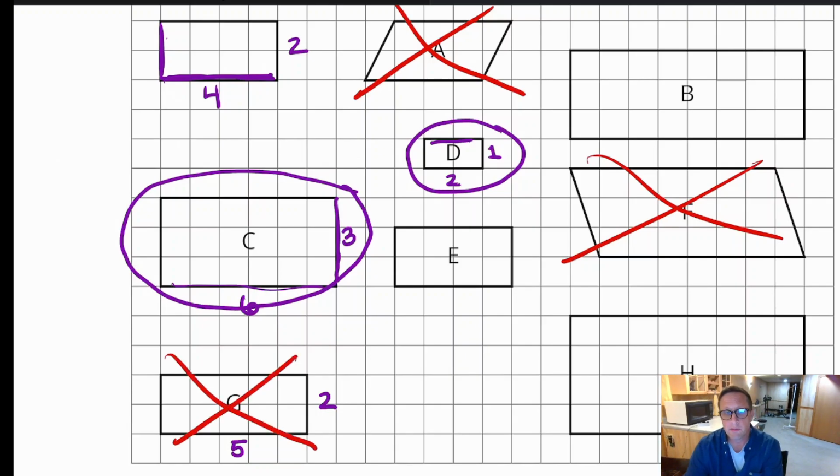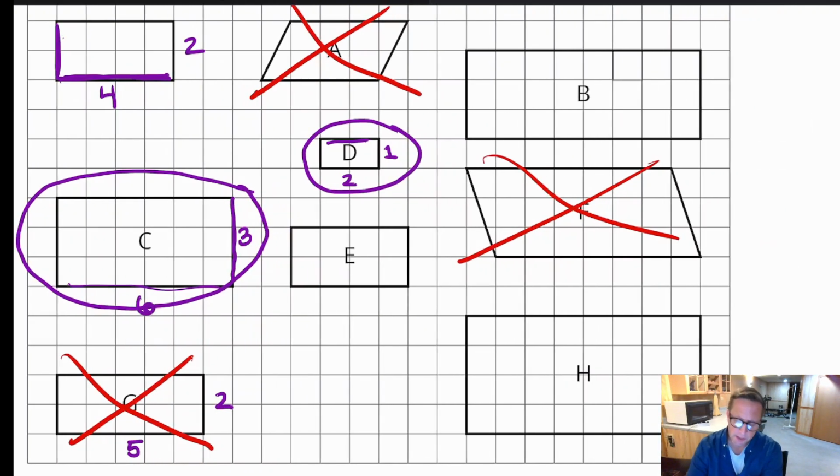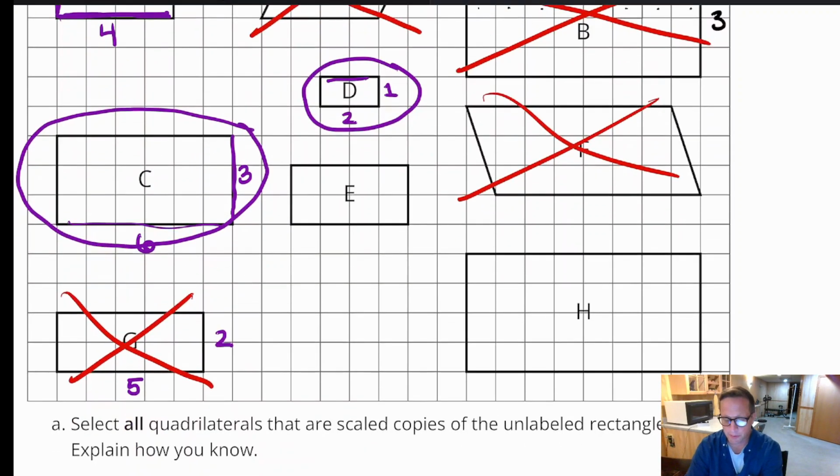Still a rectangle, but it's not to scale. All right, for B we've got, this is 3, and this is definitely not 6 right there. That is 1, 2, 3, 4, 5, 6, 7, 8. So again, another rectangle, but not a scaled rectangle.